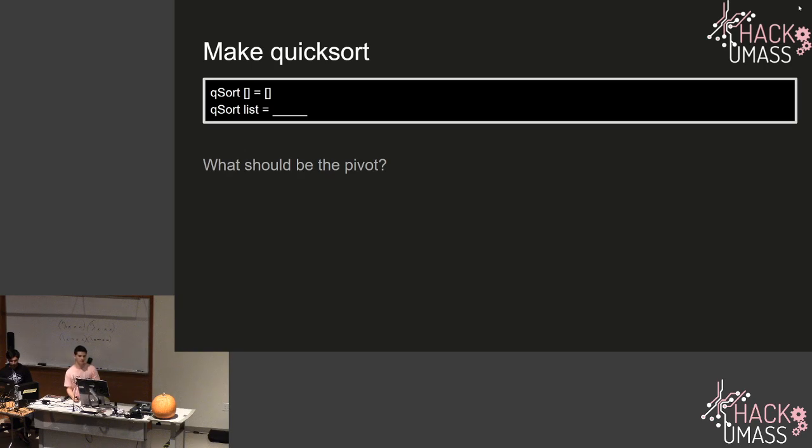More importantly, let's think about the problem of what should be the pivot. What's something that we can easily access that we should base everything off of? Anyone? Yeah, exactly. We should get the head of the list, and that should be our pivot.